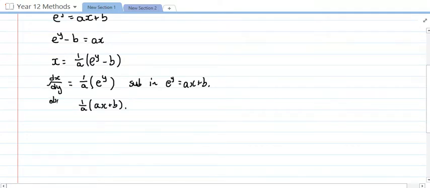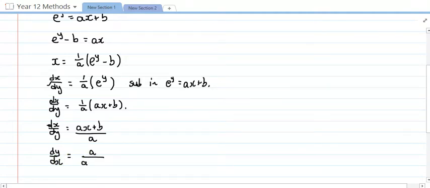So dx dy was equal to this, and dx dy is equal to ax plus b over a. Now the nice thing here is that to get dy dx we can actually just flip this over, and I'll also flip the other side of the equation over. So dy dx is just equal to a over ax plus b.